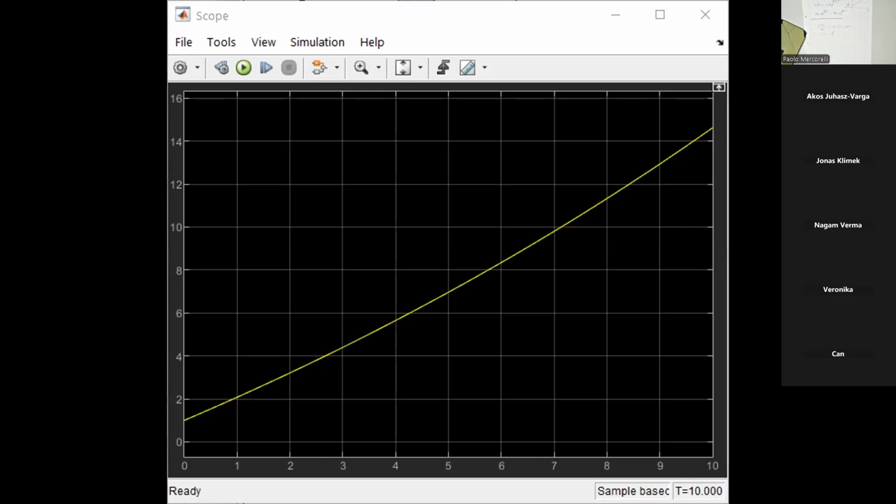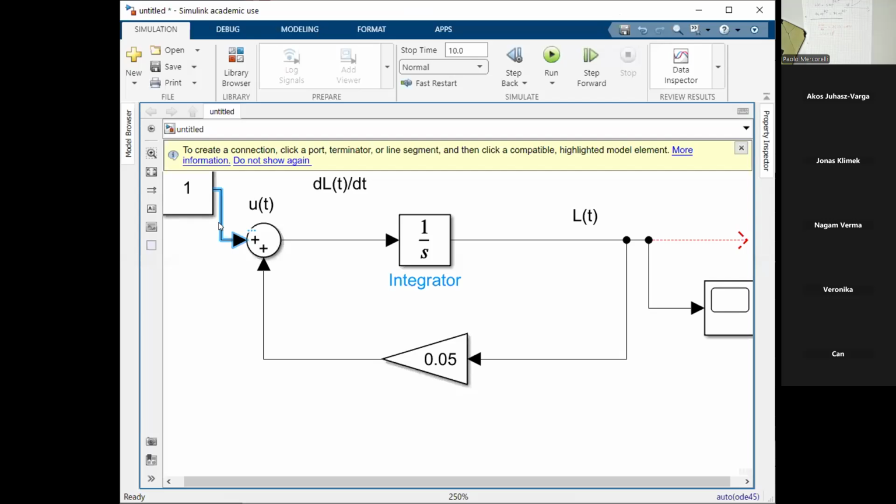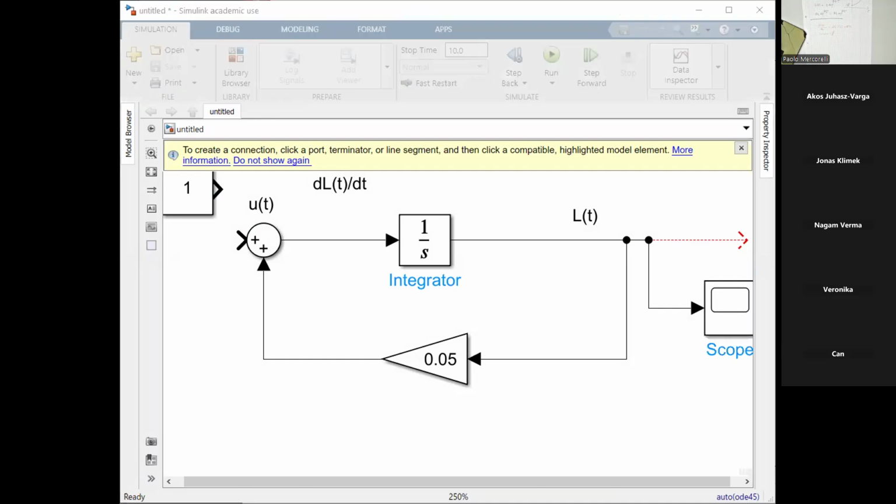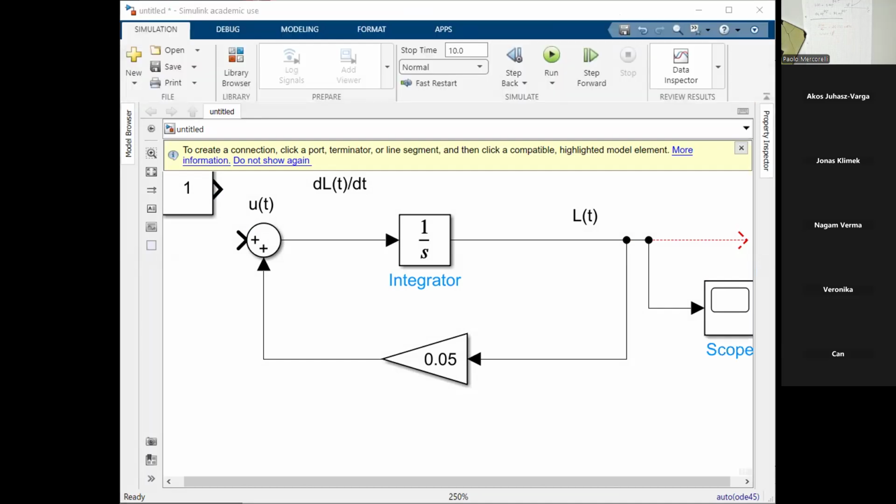Should be visible. If I disconnect here, we don't see much difference, right? This is really almost the same.